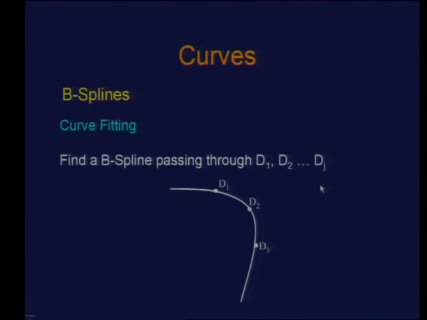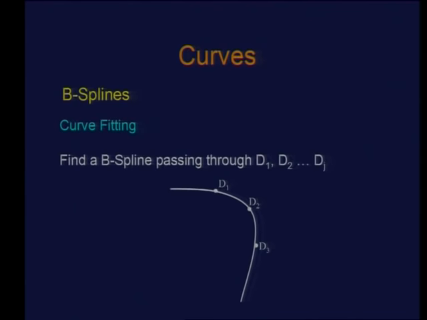You understood the problem, right. We are given these data points D1 to Dj, and we want to construct a B spline passing through these data points. So, for the construction of the B splines, what do I require? Let us try to investigate that first.